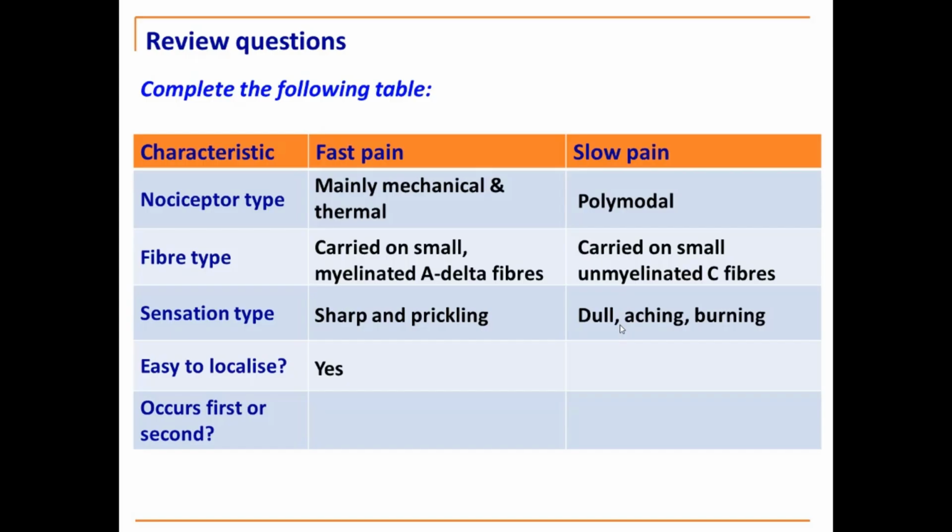Fast pain is generally much easier, while the slow pain is not so easy to localize. And of course, the fast pain occurs first, and the slow pain occurs afterward. Like I said, it persists for longer. It's more unpleasant, and it gives you that more diffuse pattern that is not particularly easy to localize.